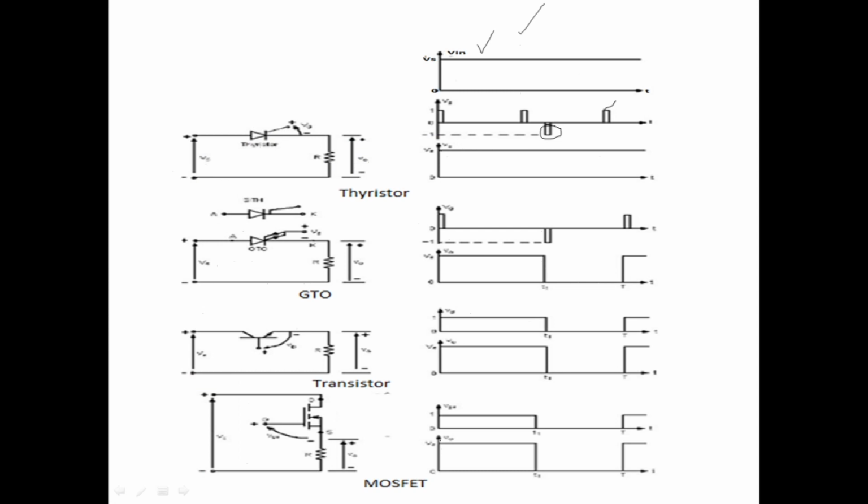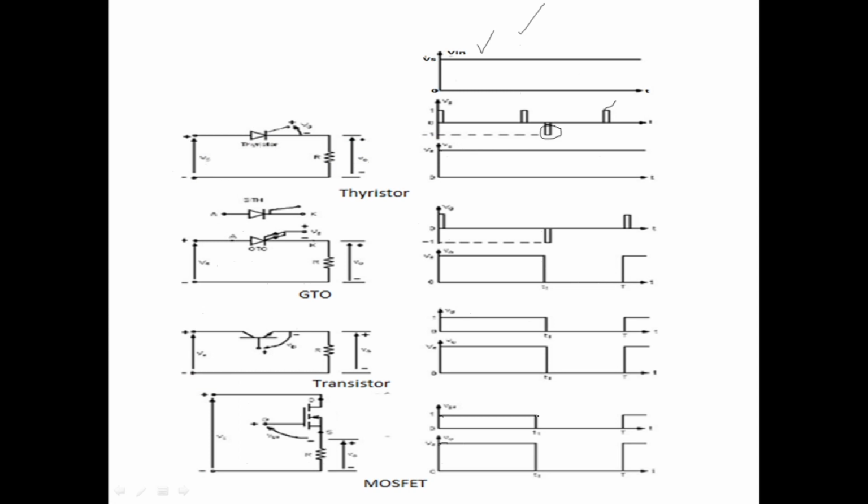When we apply a sufficient gate source voltage, this MOSFET will turn on, so it passes the input voltage to the load. So the load is receiving power, as long as you apply the gate source voltage.